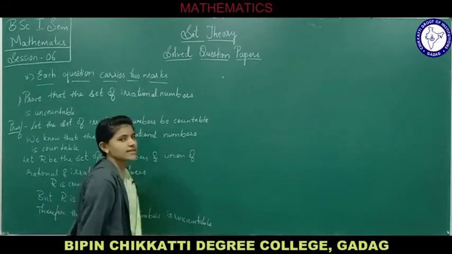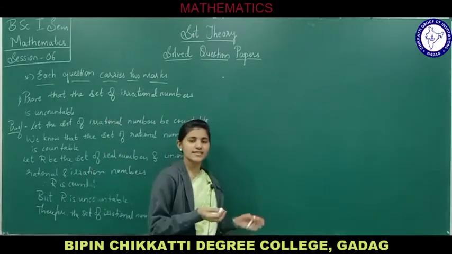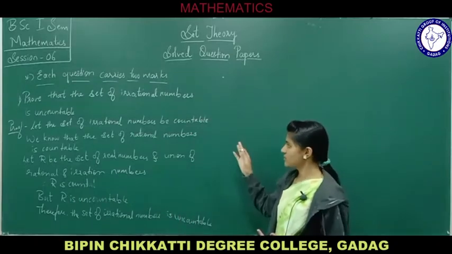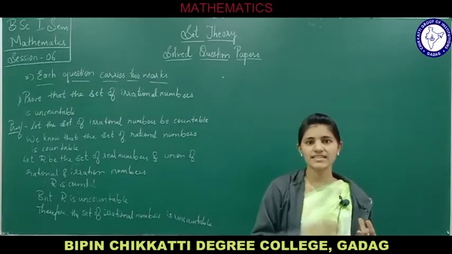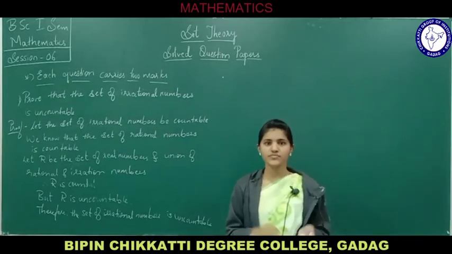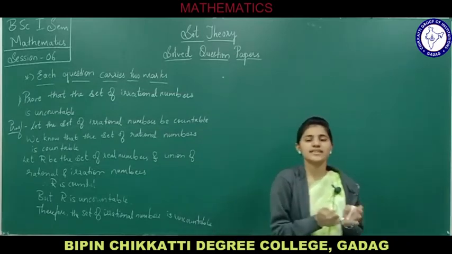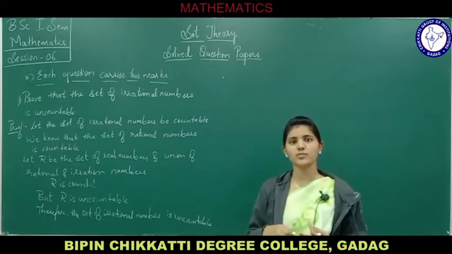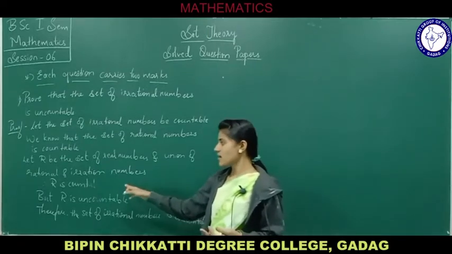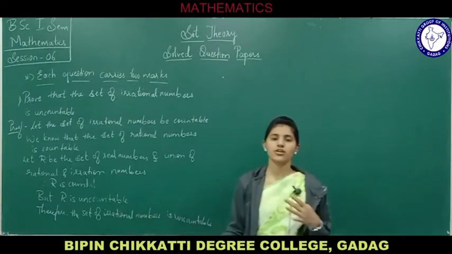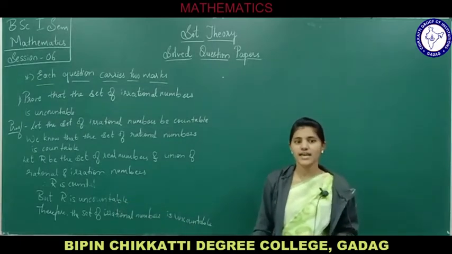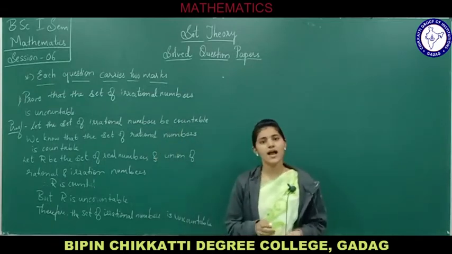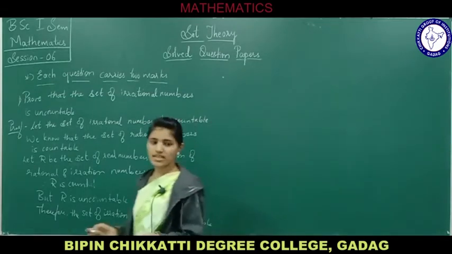See, we assumed that the set of irrational numbers is countable, and we know that the rational numbers are already countable. Real numbers are the union of both rational and irrational numbers, so we considered that R is countable, but we already know that R is uncountable. Hence we proved that the set of irrational numbers is uncountable. Let us move to the next question.